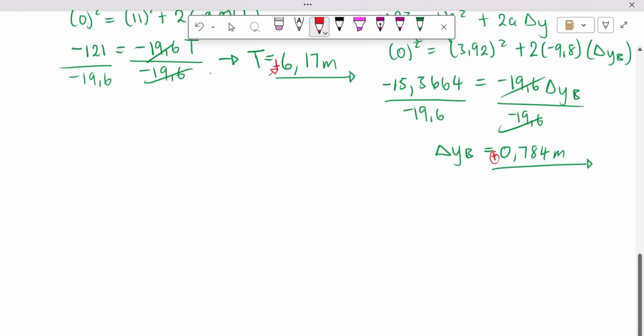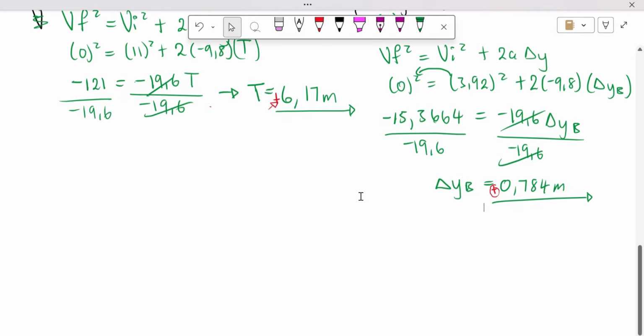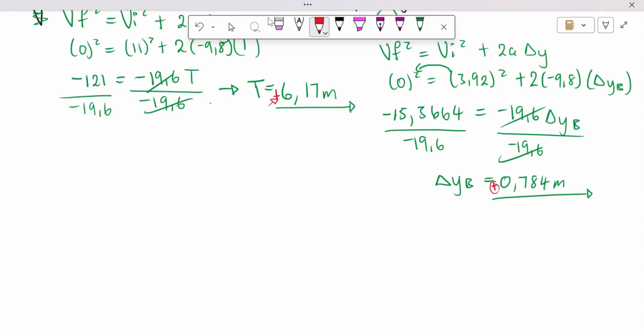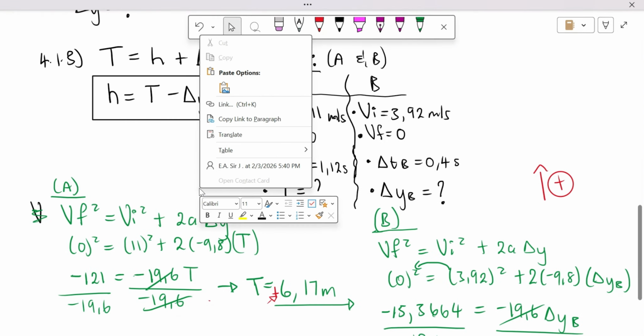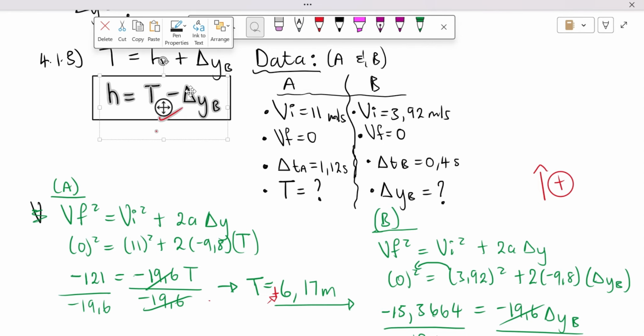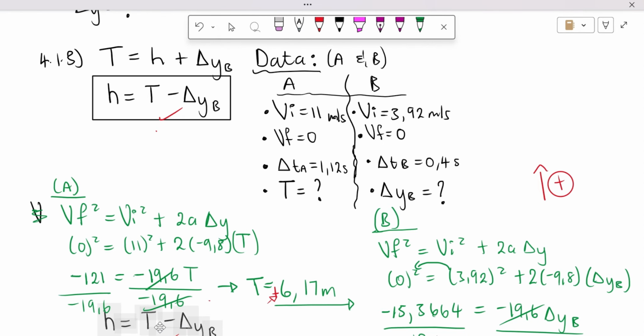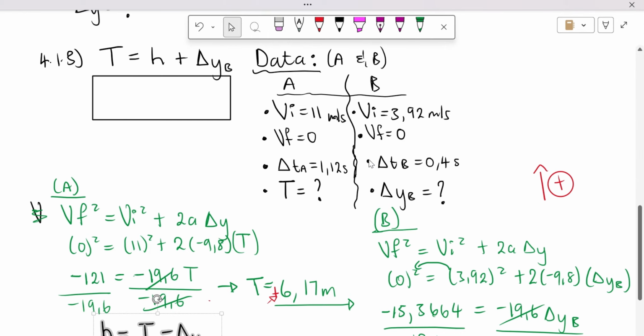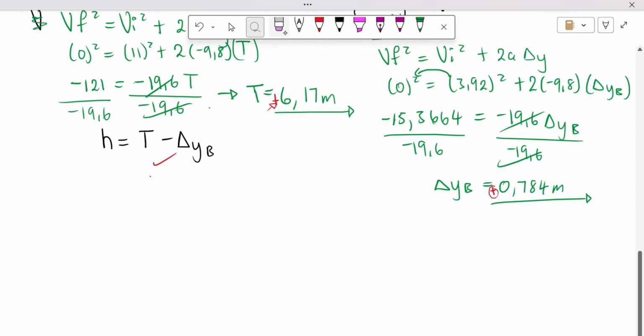Cool. So going back to the equation I had set up, I'm going to bring it down. My height will then be equal to, what's my value of T?